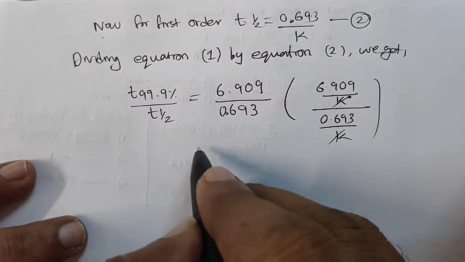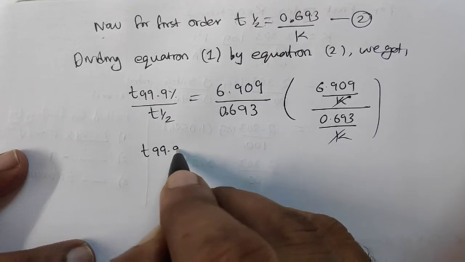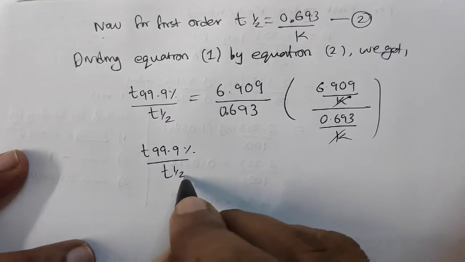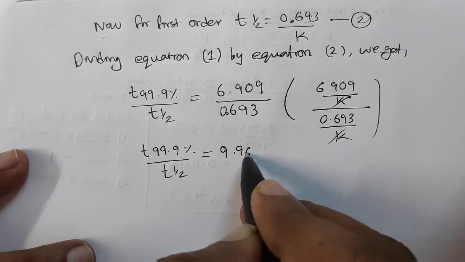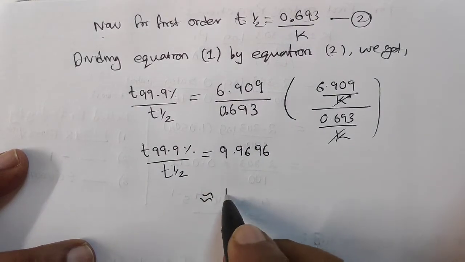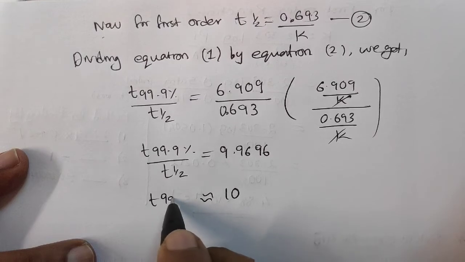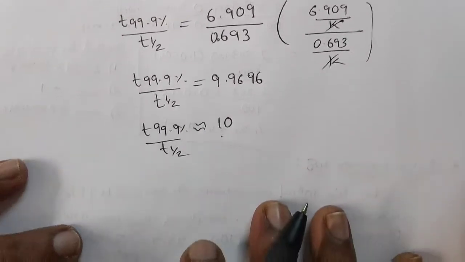So t 99.9% by t half will be equal to, if you simplify, 9.9696. Okay, and that is approximately equal to 10. So t 99.9% by t half is equal to 10.